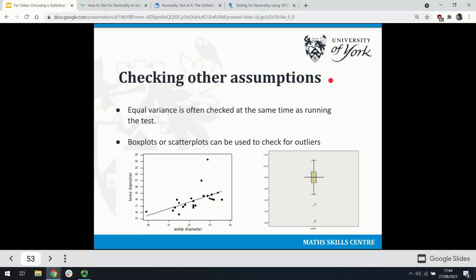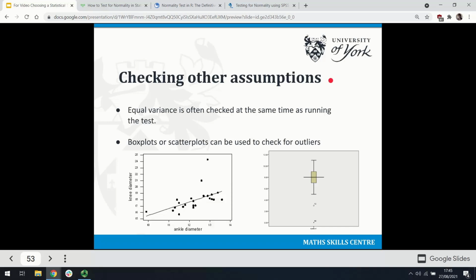How do you check other assumptions? Well, equal variance is very often checked at the same time as running the test. So that's sort of automatically done in a lot of tests. And then if you want to check for outliers, sometimes you can just flick through data and you can see that there's a really, really big data point or really, really small data point.